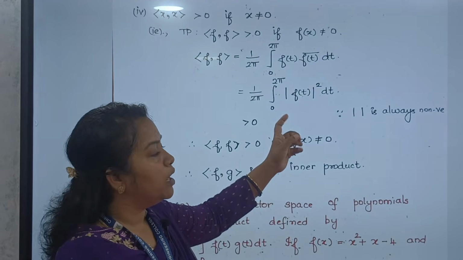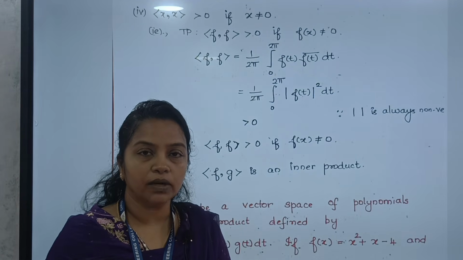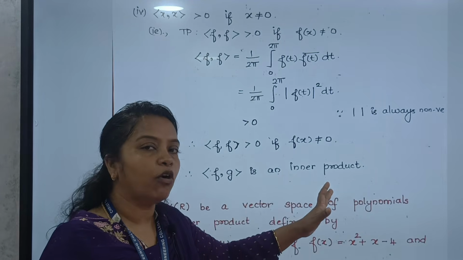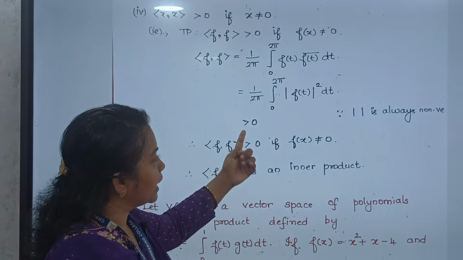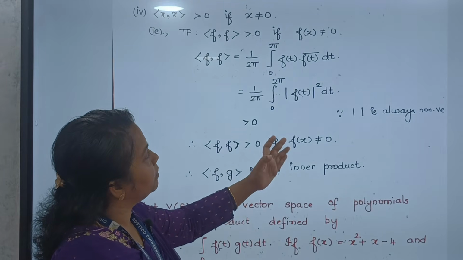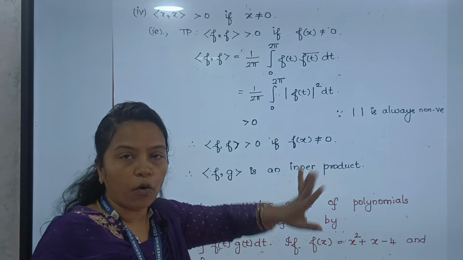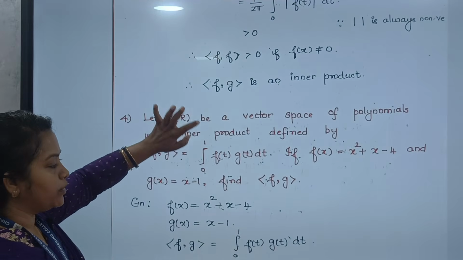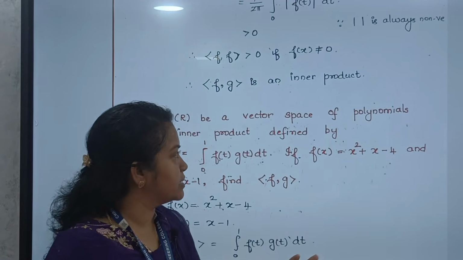So modulusல ஒரு நெகட்டிவ் நம்பரை எடுக்கும்போது கூட ஆன்சர் எப்படி எழுதுவோம்? பாசிட்டிவ் நம்பர். அப்போ ஆல்வேஸ் மாடுலஸ் கிரேட்டர் than 0 தான் இருக்கும். அப்போ greater than 0 இருக்கறதால கண்டிப்பா f of x not equal to 0 we have considered. அப்போ fourth பாயிண்ட்டும் satisfy ஆயிடுச்சு. So இந்த நாலு பாயிண்ட் satisfy பண்றதால what we can say it is an inner product space.